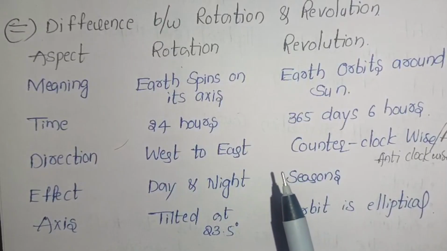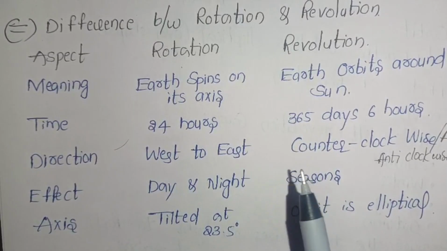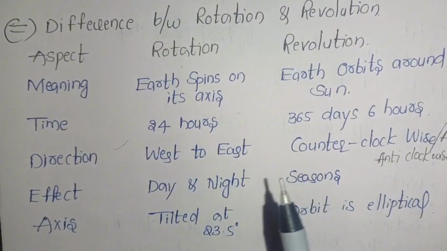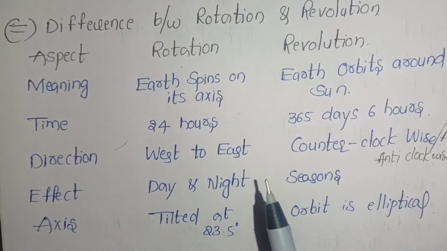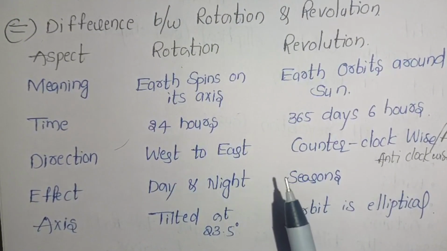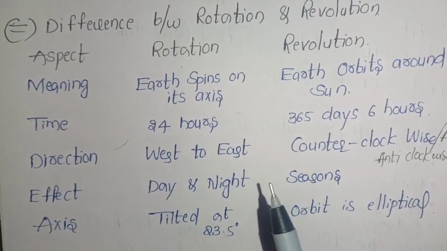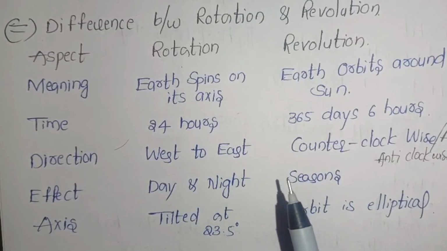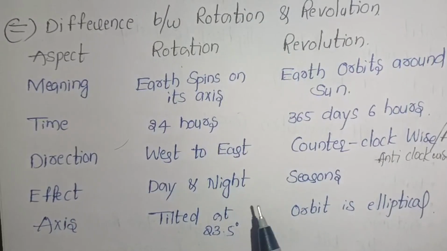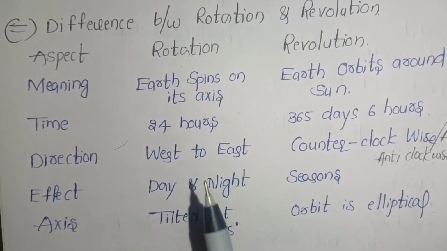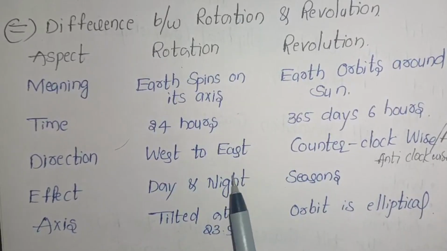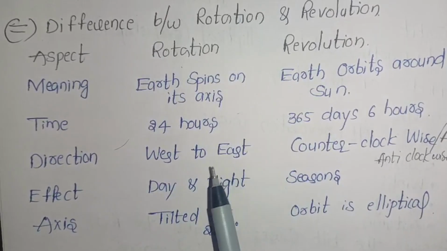Why does sunrise differ between places? Because Earth rotates, and each longitude experiences the Sun at a different time. I hope you understood. Remember, these differences are important for your competitive exams and your exams.